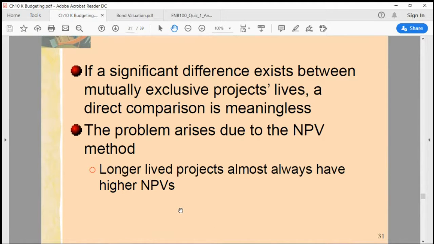Of course, if the project life is longer, there will be longer period of cash inflows, right? It generates positive cash inflows for more periods. And then, of course, the net present value will be greater in that case, right? So that goes without saying, right?